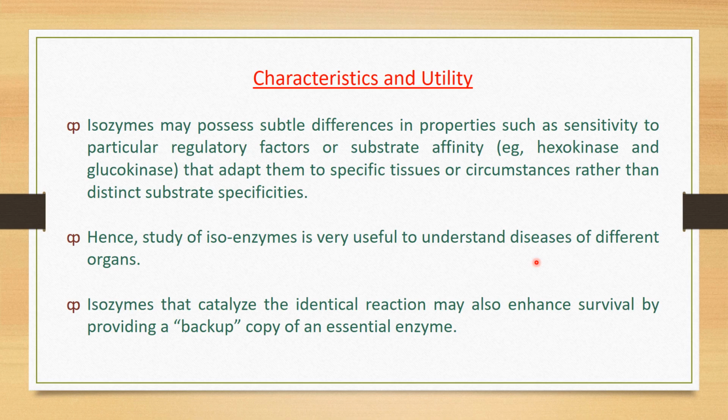One reason, other than differential distribution due to different function of the particular organ, is that isoenzymes provide a backup copy for emergency purposes. For some essential enzymes, nature prefers to produce a backup copy, which gives some time and scope to cope with diseases or in some emergency situation.